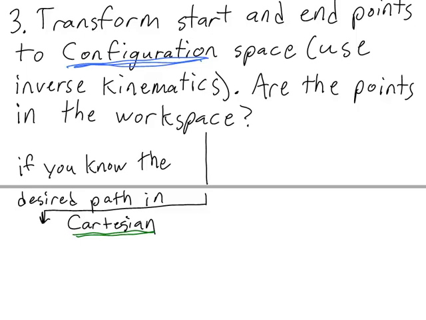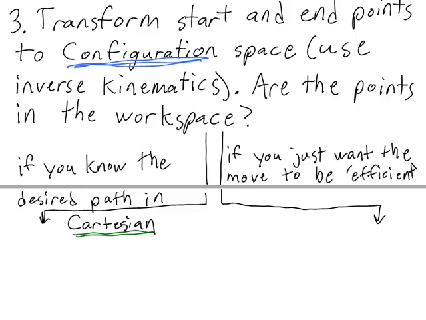For example, maybe you're trying to do a robotic painting operation and you know the path that follows the contour of the car, and you know this path in Cartesian space because, of course, the car is also in Cartesian space. Or perhaps you're doing a pick-and-place operation and you know that you want the end effector to follow, say, a parabolic path between the pickup location and the drop-off location.